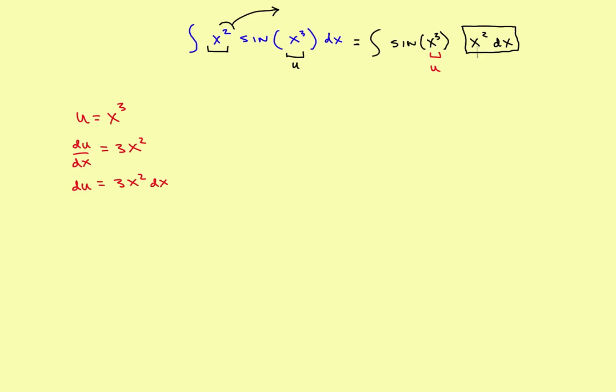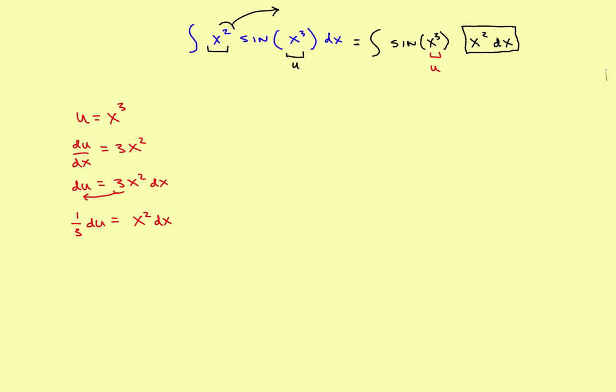Now again, look back up at your box. You need an x squared dx, but you've got a 3x squared dx. So again, I'll take this and move it to the denominator over here. So divide both sides by 3, which gets me to 1/3 du would be equal to x squared dx.